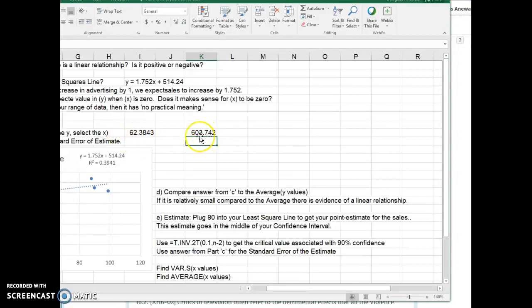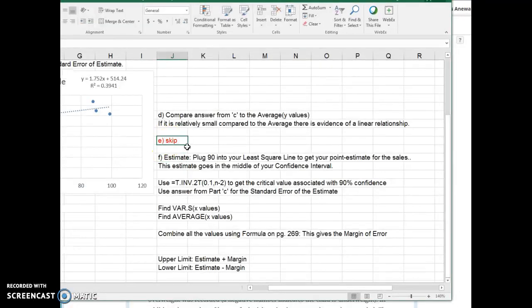And it's definitely smaller than it, so it is for sure relatively small compared to the average. It's about 10 times smaller. So there is evidence of a linear relationship between the amount you spend and how much you get in sales. And I'm actually going to ask you guys just to skip E. That's not something I want us to cover.